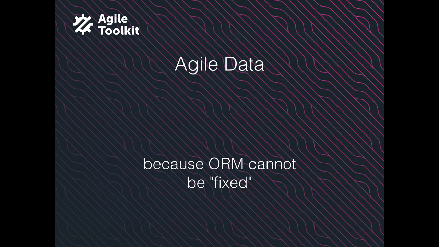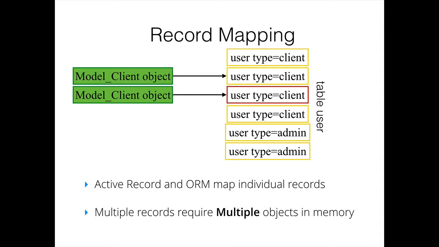It was necessary to create Agile Data because ORM cannot be fixed. And this is the indication. In ORM and Active Record, you have one memory object corresponding to a record in your table, right? And in order to represent multiple records in a table, you have to use multiple objects in memory.